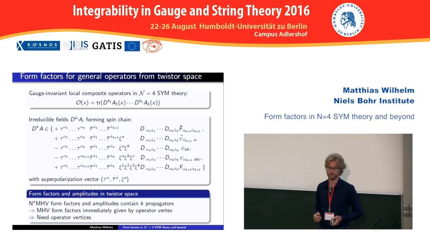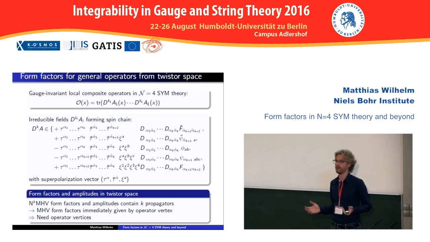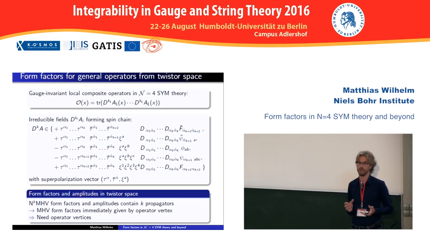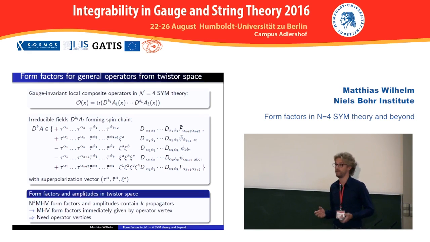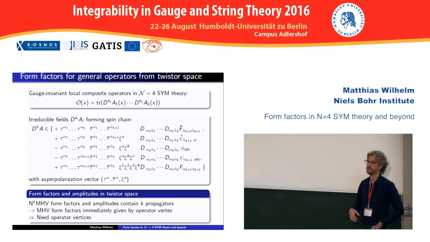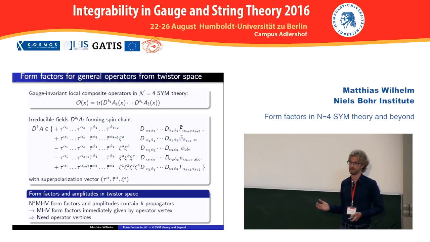One advantage of the twistor action of N=4 super Yang-Mills theory is that it repackages the interactions of the theory in a more economic way. In particular, N^kMHV amplitudes are given in terms of diagrams at tree level that contain exactly k+1 vertices and k propagators.